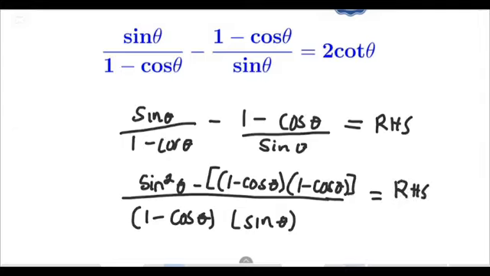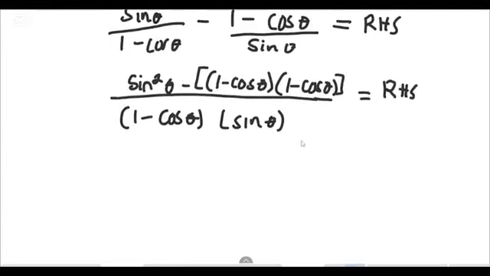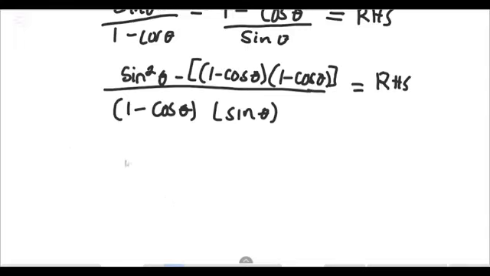So from there, let's try to simplify. We are going to write sine squared theta minus. So we can do this. 1 times 1, it's a 1. 1 times the minus cos theta will get minus cos theta. So we are done multiplying 1 with everything inside the brackets here. We come to negative cos theta.